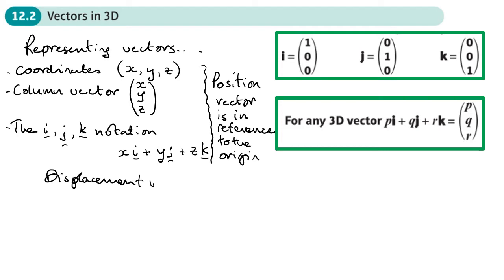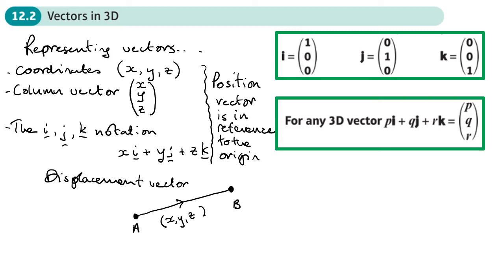and what a displacement vector is, it's basically how you get from one vector to another. So if I had a point A here and a point B here, how I get from A to B, this x, y, z, this is what we call a displacement vector.